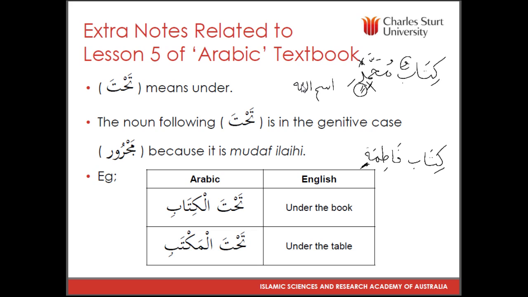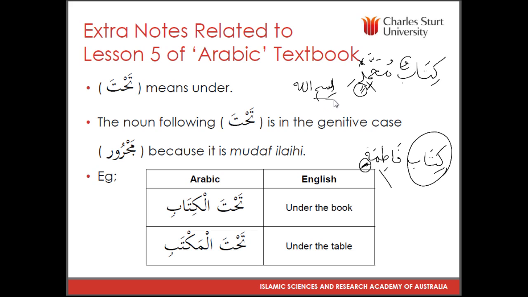The name of Allah is definite, so you cannot use tanween here. But mudaf ilayh could have tanween, it depends on the context. But mudaf never can have tanween because it is definite.